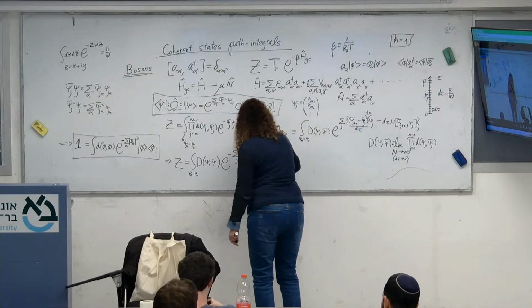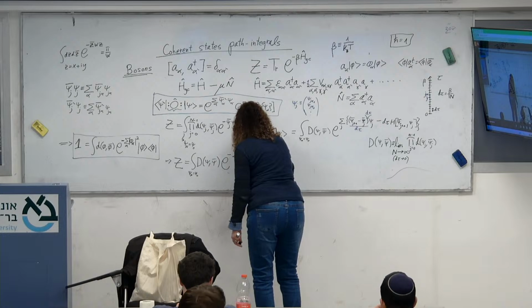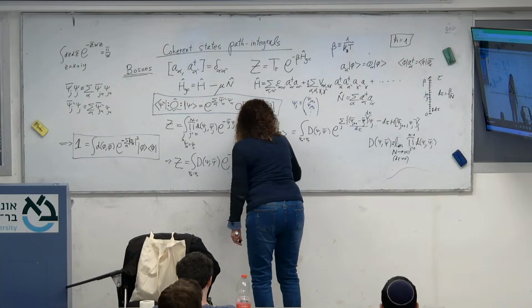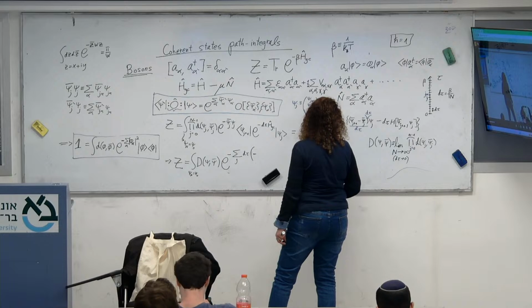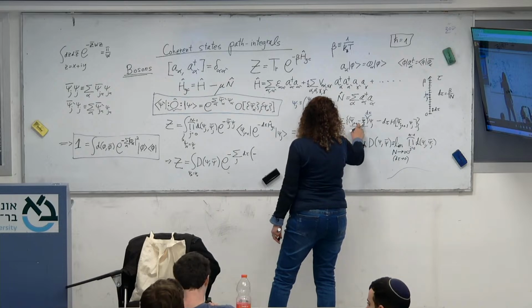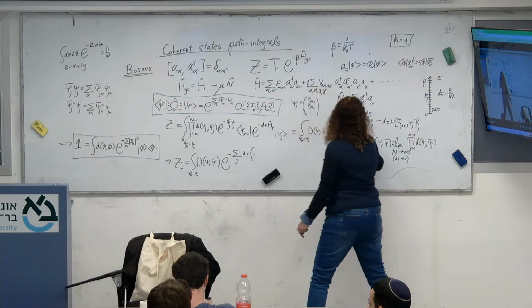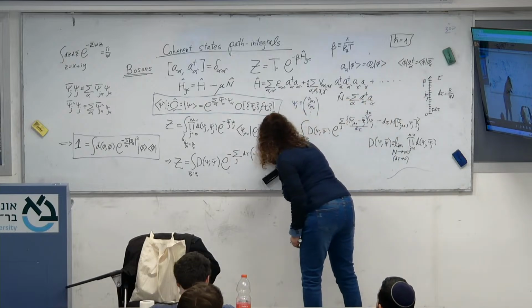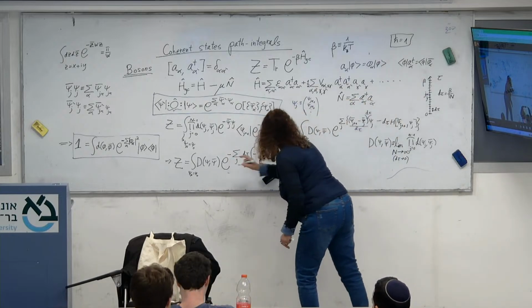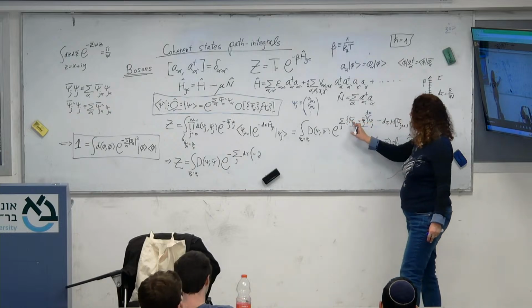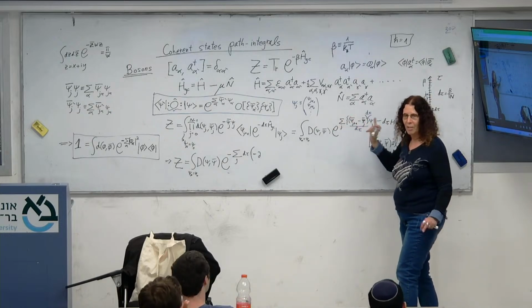Okay, now I see where the problem is. Yes, you do integration by parts. The way it appears here is fine. This is a plus sign, which I turn into minus minus.